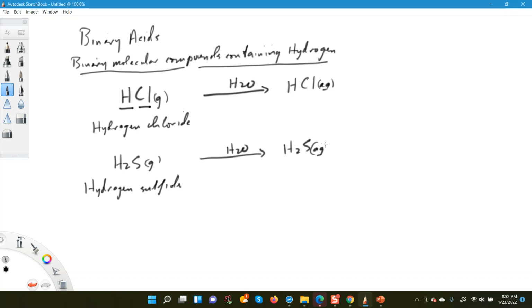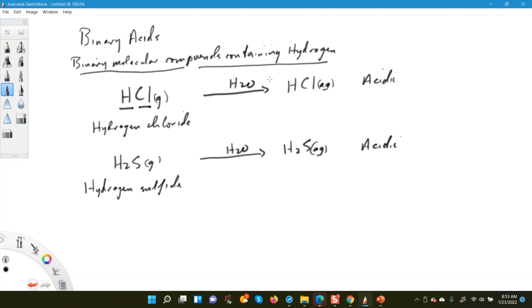And it turns out that these solutions are acidic, so they behave like acids. And as such, because they're acidic, these will now have a different name compared to the compounds from which they're formed. So how we name them depends on the name of the original binary molecular compound that you started off with.